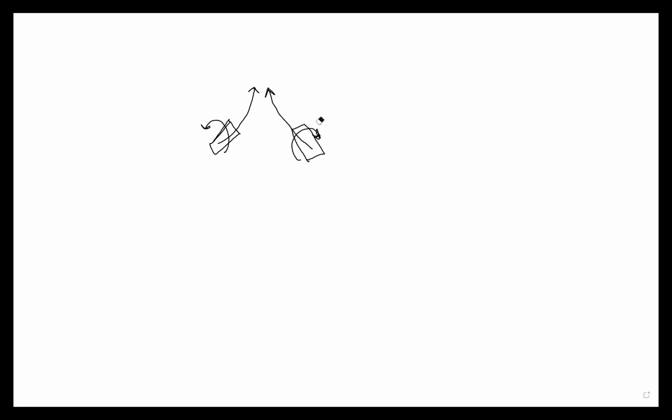Now, since we have two moving objects and at least one of the objects is rotating, we can consider one of the objects to be our rotating frame of reference and the other object to be the moving thing.